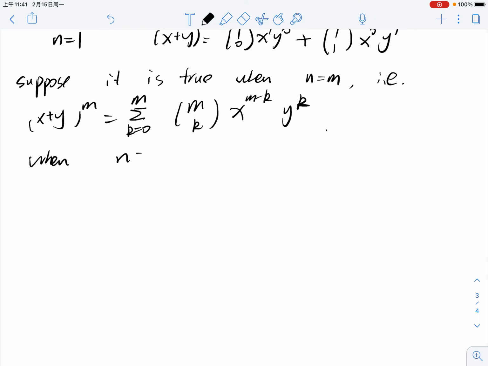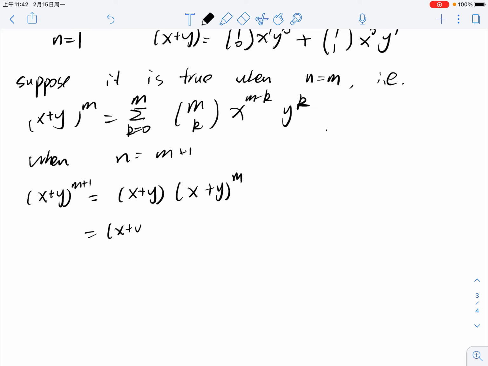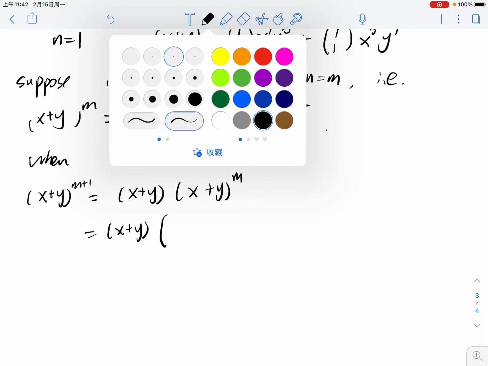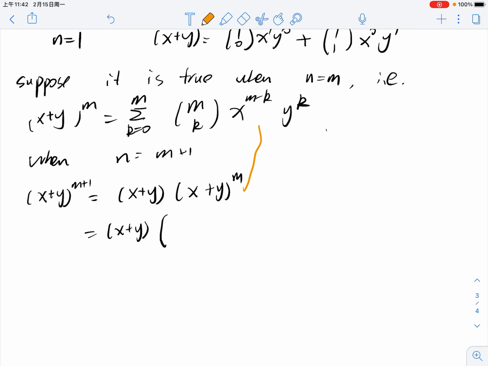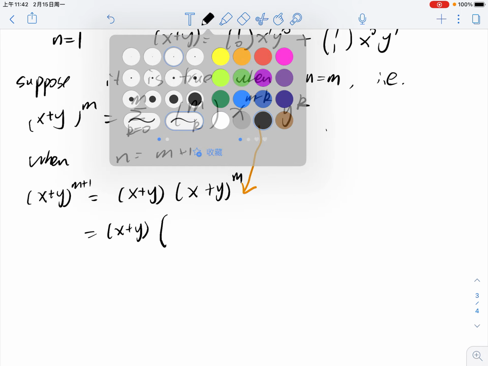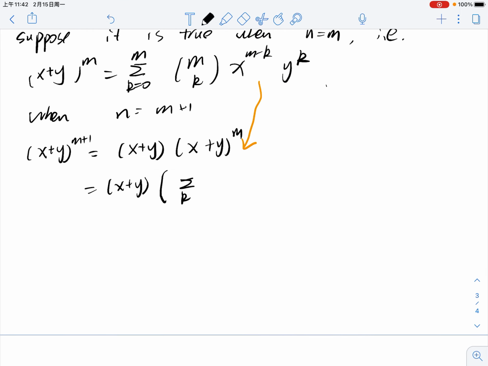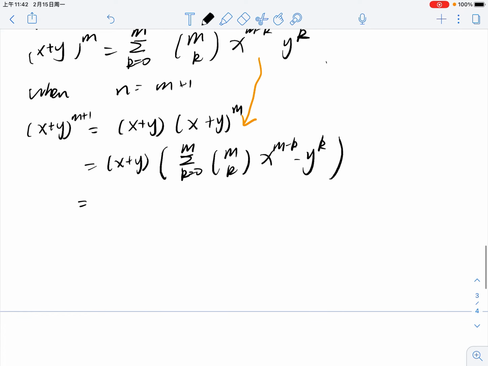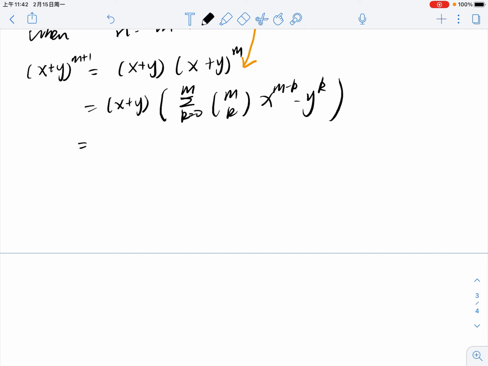And then when n is m plus 1, we consider the power function (x plus y) to the m plus 1's power. You rewrite it as (x plus y) times (x plus y) to the m's power. Then you can substitute the formula for when n is m, x^(m-k) times y to the k's power. Then do the distribution law.